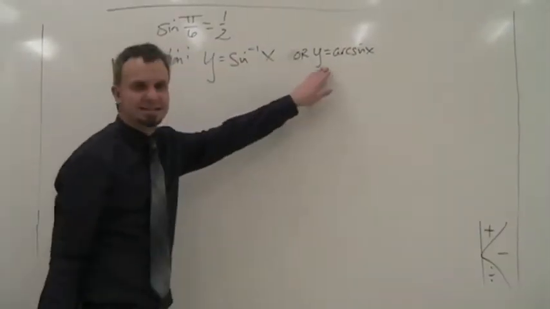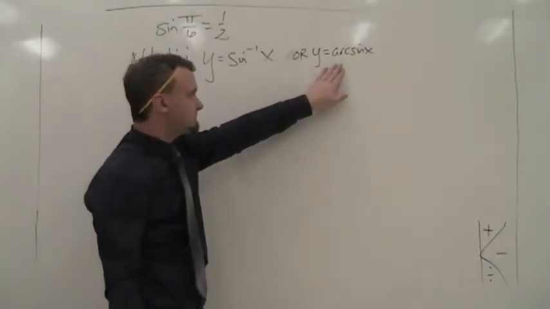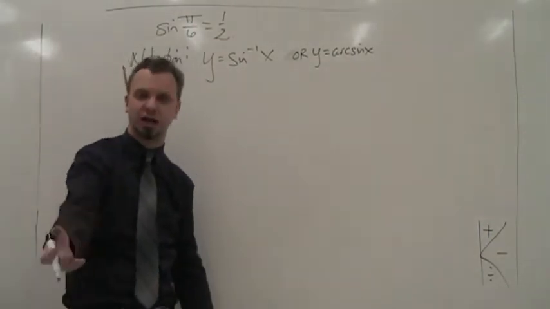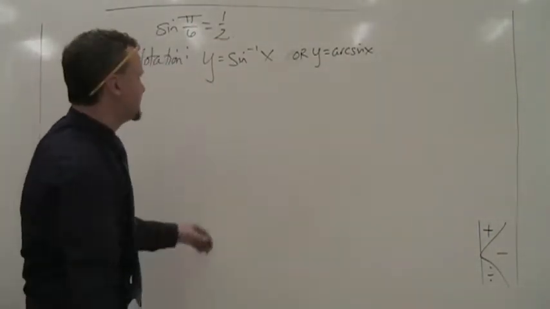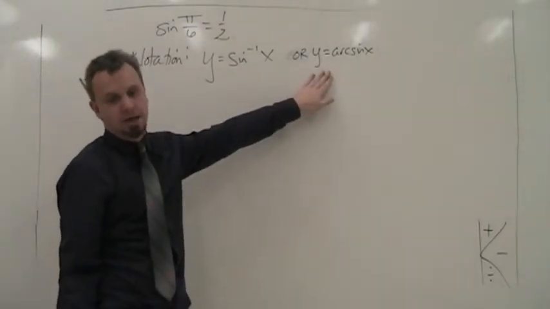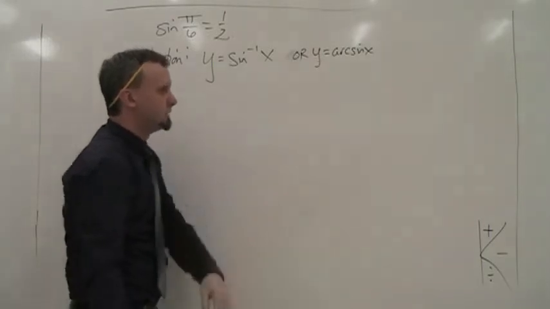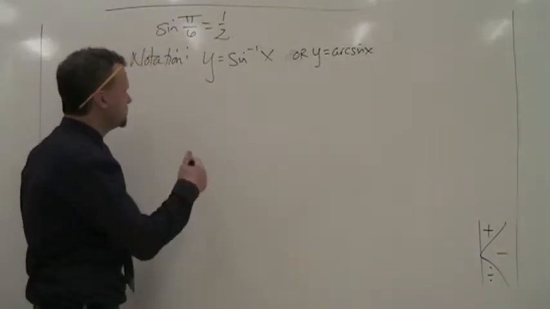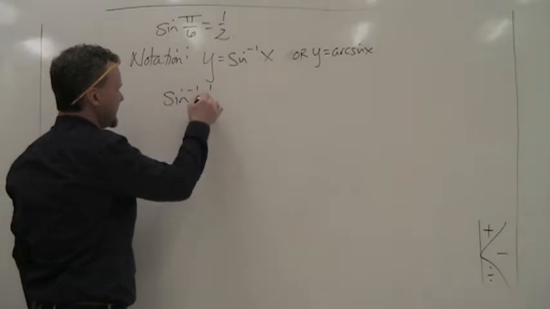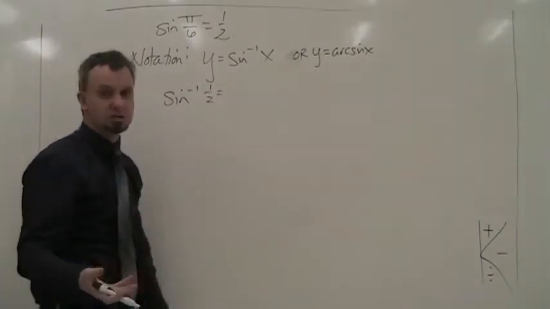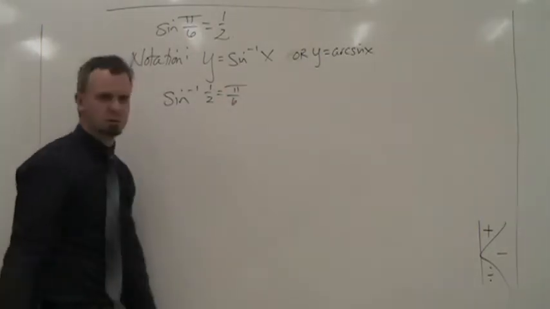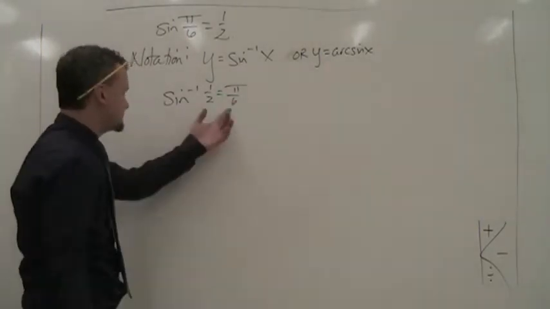Both of these mean exactly the same thing, and on the AP exam they can use them interchangeably. So you do have to understand that both of these mean inverse trig, in this case the inverse sine. They would ask you what is the inverse sine of a half, and you would tell them, which angle is that? That's pi over 6. And your answer would be pi over 6.